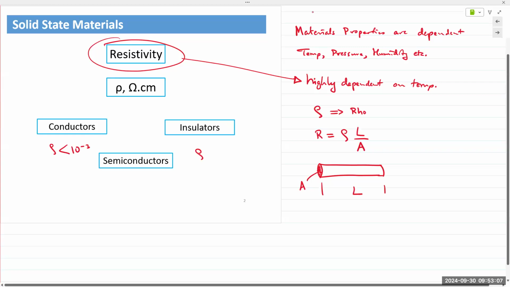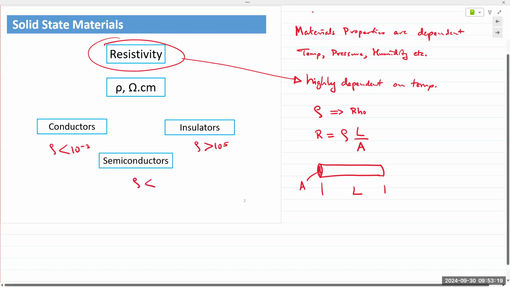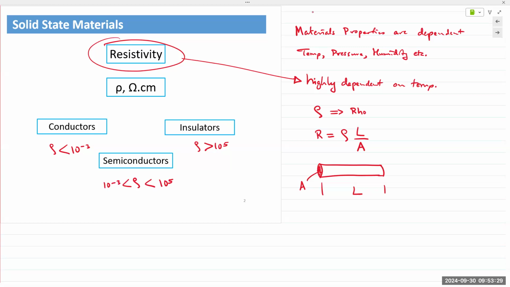For insulators, it is greater than 10 raised to 5. And then our materials of interest, semiconductors, are somewhere in the middle. So it's the entire range from 10 raised to minus 3 to 10 raised to 5. Okay.